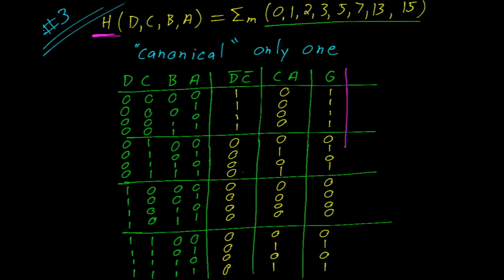Let's make another column here, and we'll call that minterms. So that's minterm 0, 1, 2, 3. Nothing on 4. Minterm 5. Nothing on 6. There is 7. 8, 9, 10, 11, 12. And we have minterm 13 and minterm 15.